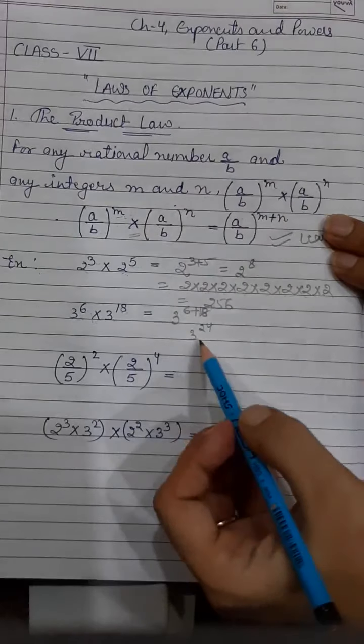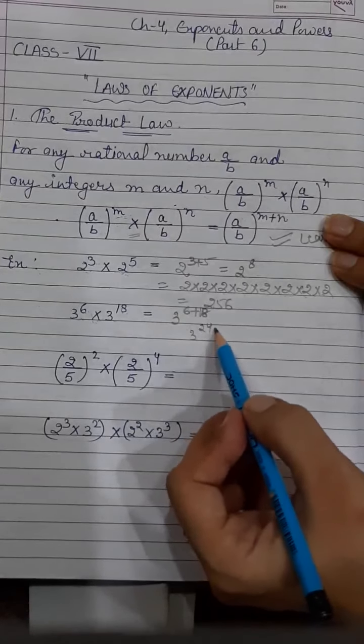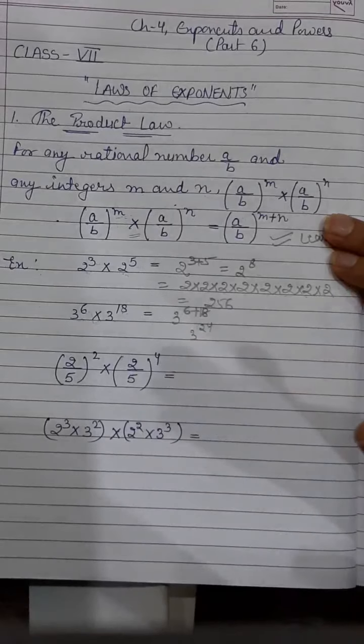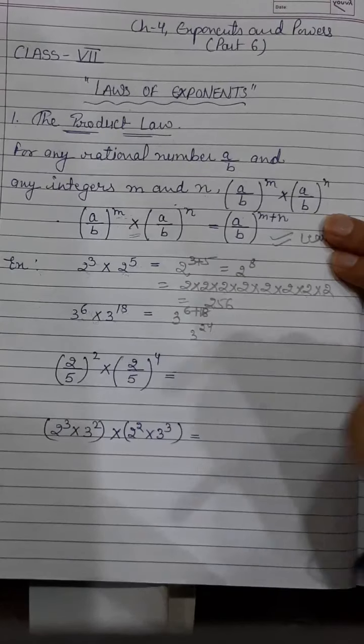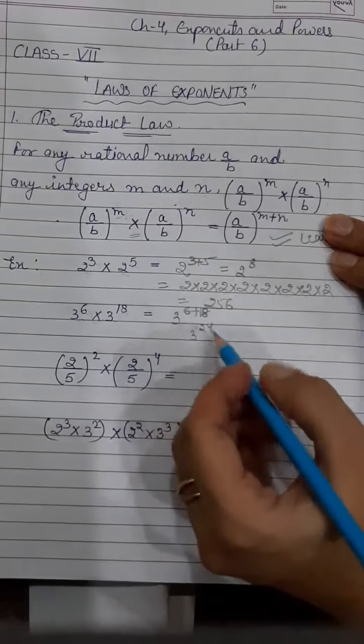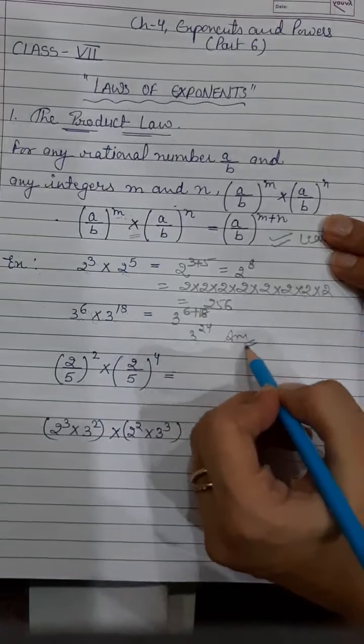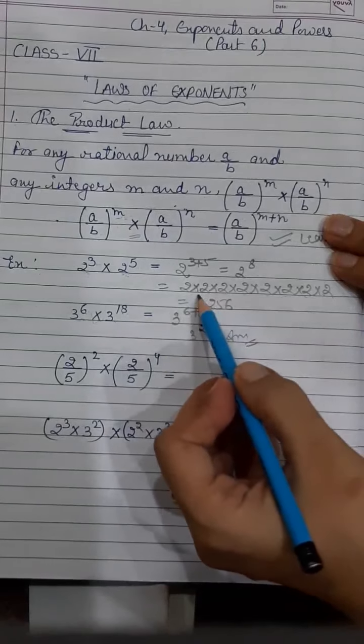Now 24 is a very large number. We would have to multiply 3 twenty-four times. So just leave your answer till here. In that case, no need to do the solution like this.